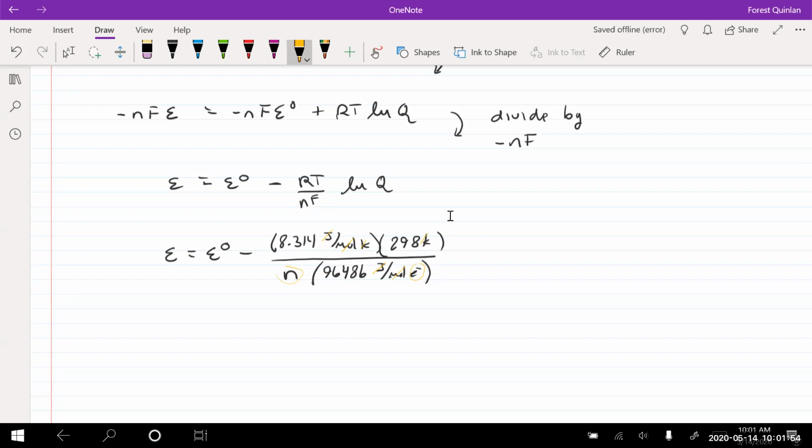And then you can either leave it as a natural log or you can convert it. I'm going to go ahead and convert it because this is the one that I use. 2.303 log of Q. This right here is just converting ln to log.